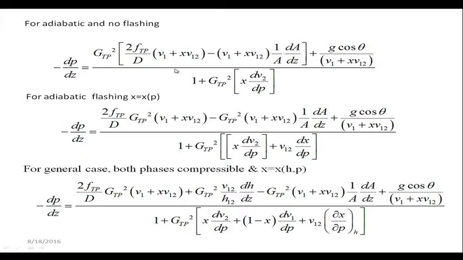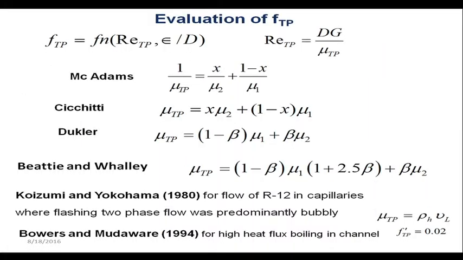Now, how to find it out, or rather how to evaluate the two phase friction factor? We know that from our knowledge of single phase flow and as well as two phase flow in macro systems, naturally the way to find out FTP will again take some cue from the general practices in macro systems.